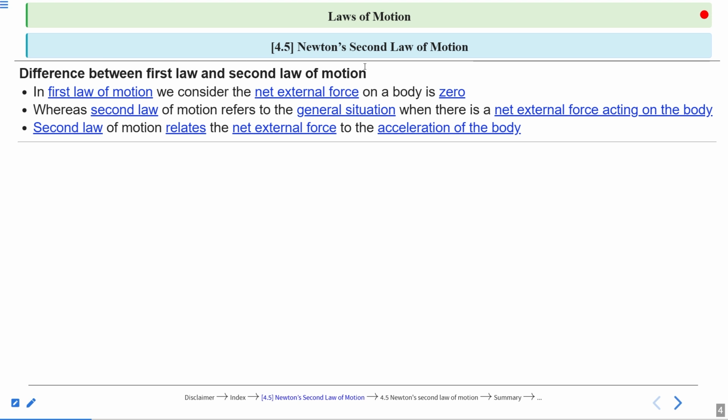The second law of motion relates the net external force to the acceleration of the body.